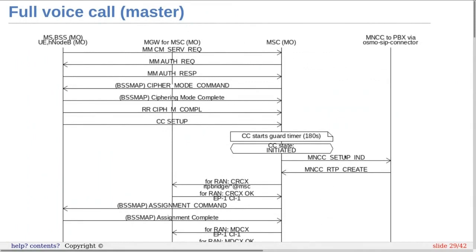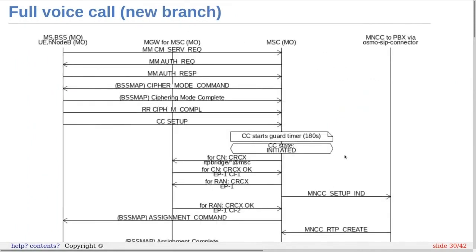So what I did in the patch, hope you can see this, the change. Now the CRCX comes first, and as soon as it's done, the setup end is affected because now the port number is known.